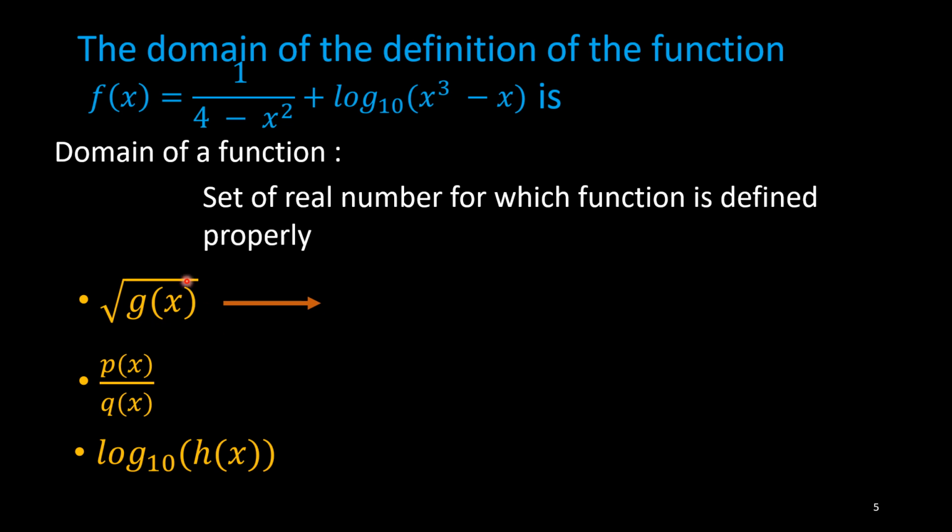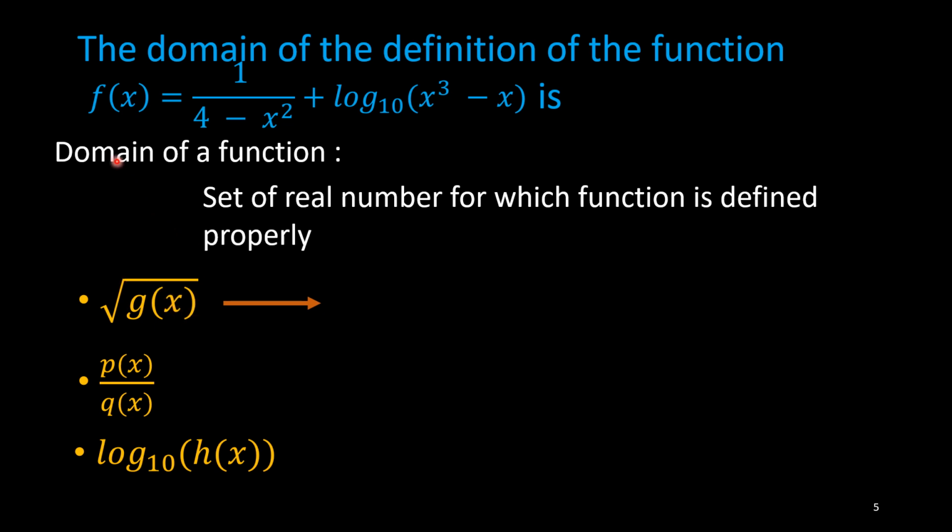This square root could be a rational number or an irrational number. But anyway, if g of x is positive or 0, it could also be 0, then we can compute its square root. It will give you another real number. So the condition here is that g of x should be positive or zero. But if g of x is negative for a certain value of x, then the square root of that negative will give you an imaginary number.